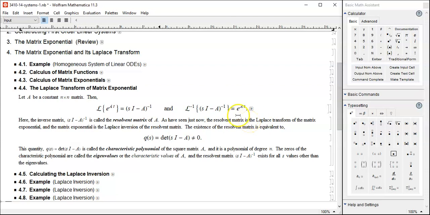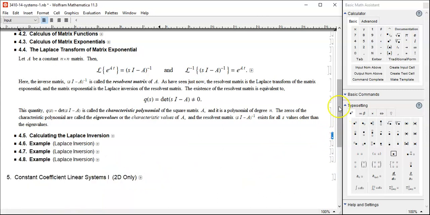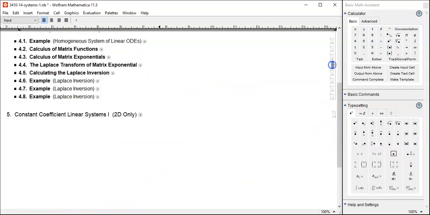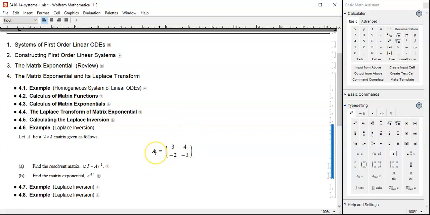Instead, let's go to some application problems where we actually utilize this. I hope I have enough time for that. Okay, and how to calculate the resolvent matrix in general, but we are not going to consider a general case. It's just the 2x2 case. So, alright, here we go. Find the resolvent matrix.